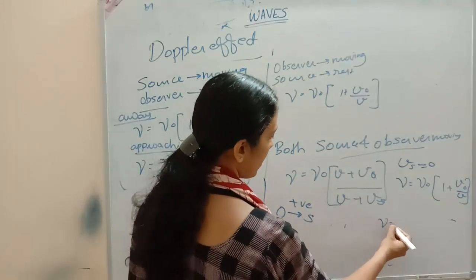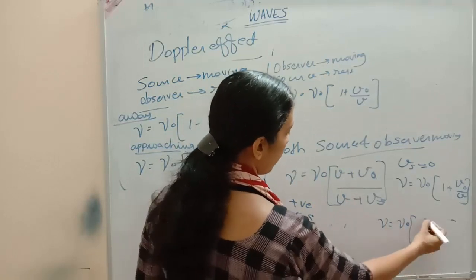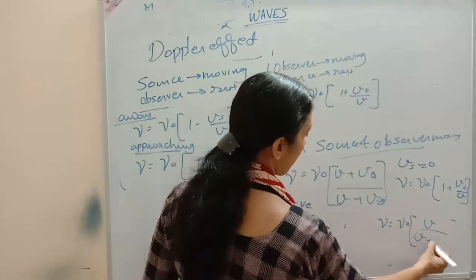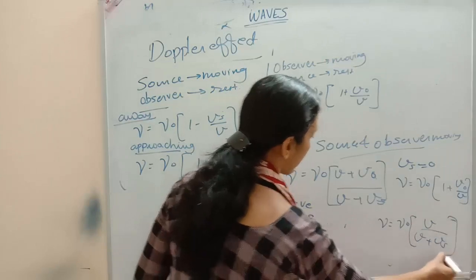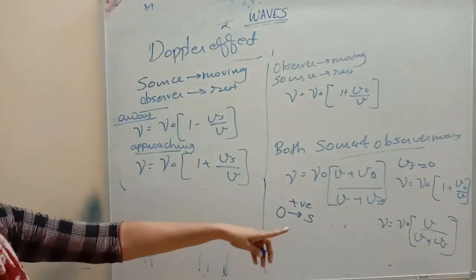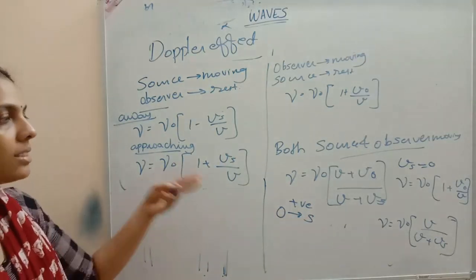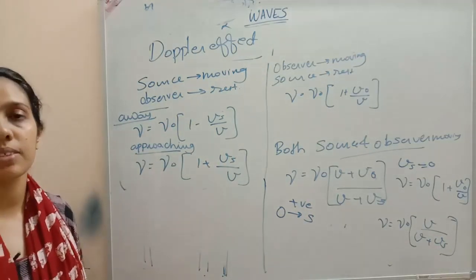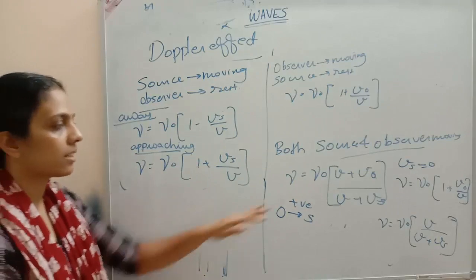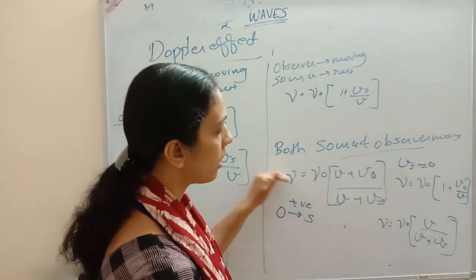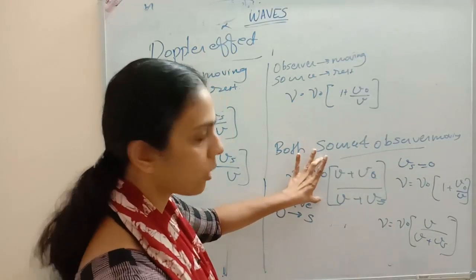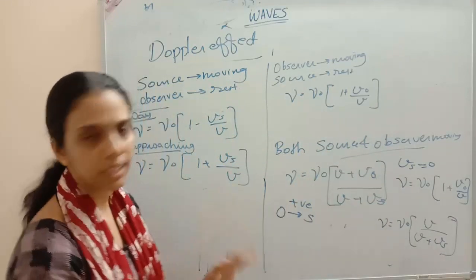So, nu equals nu 0 into V divided by V plus Vs. Okay, so V divided by V plus Vs, that will be the nu 0 equation. So like that, as the source and observer is changing or not, like that we can understand. So if you are finding out this equation alone, then also you can find out the answer.